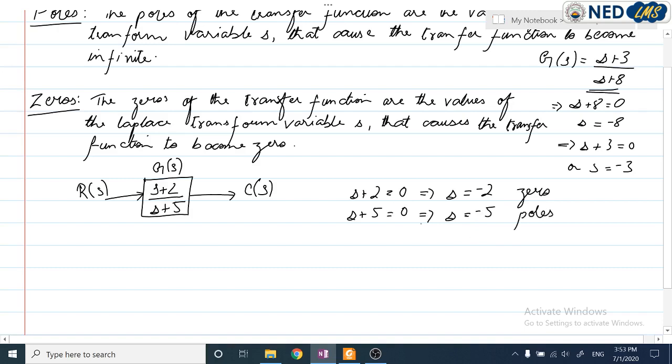We can also plot these poles and zeros in the complex S plane. This is our complex j omega axis, and this is our real axis.